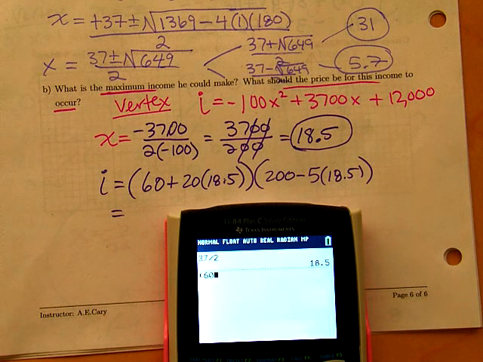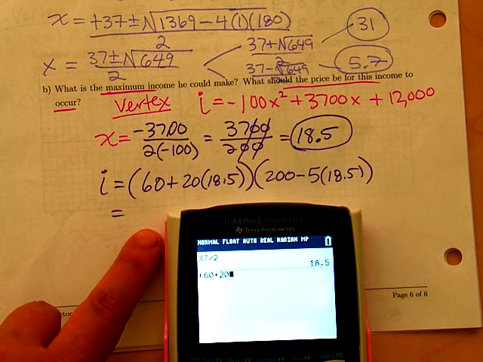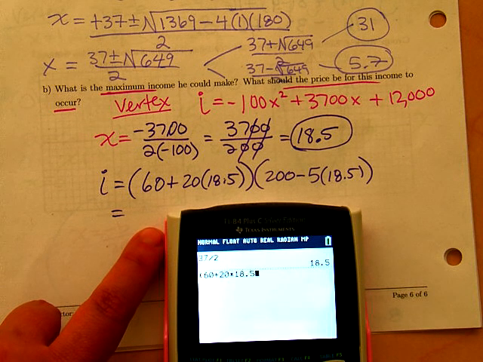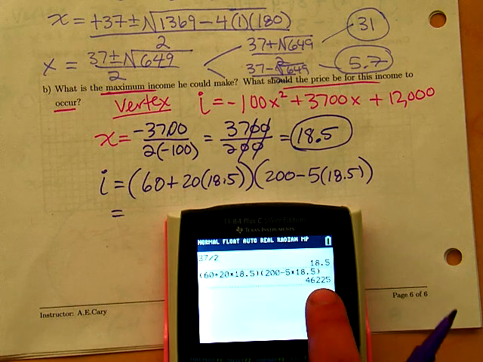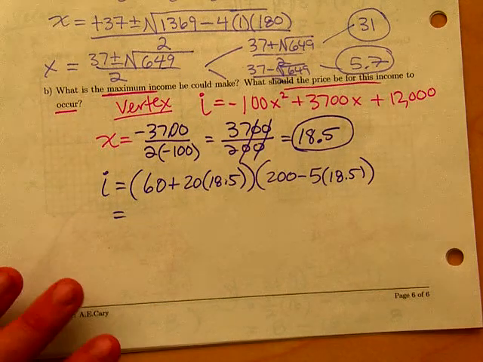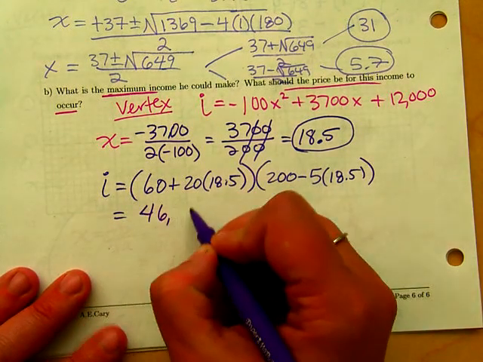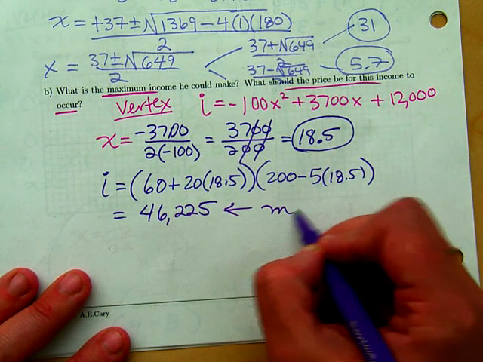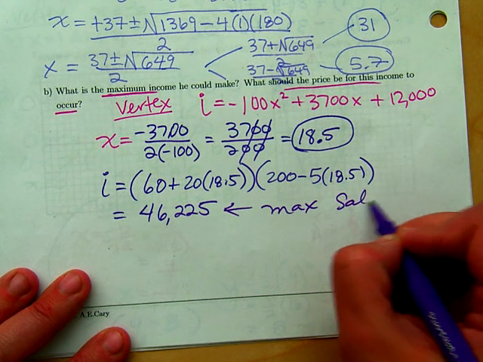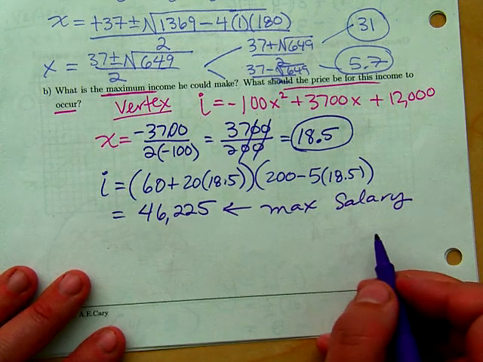So 60 plus 20 times 18.5, close parentheses, times 200 minus 5 times 18.5, close parentheses. So what's that? That's 46,225. So this is going to be his maximum salary or income, right?